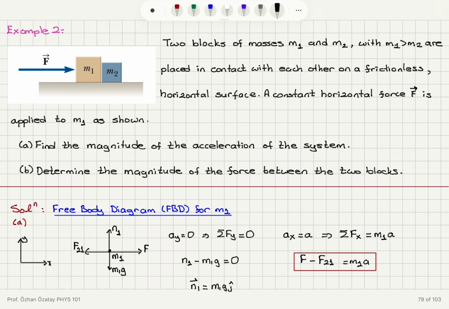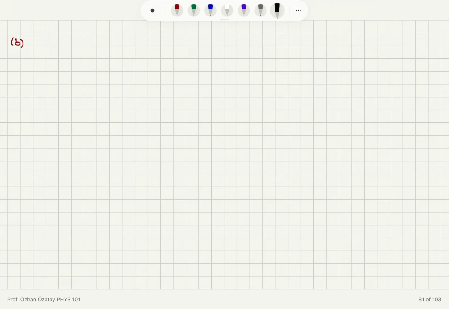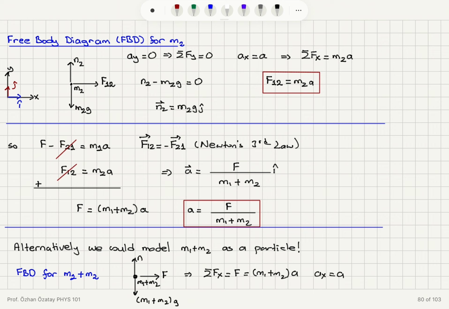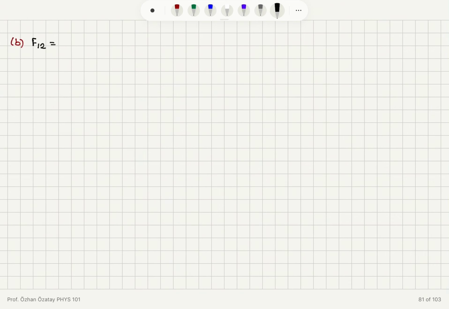Now part B asks me to determine the magnitude of the force between the two blocks. I can use F12 or F21. F12, if I go back to this free body diagram, here is m2 times a. So F12 is m2 times a. Now I know what a is. So it is m2 times F over (m1 plus m2).